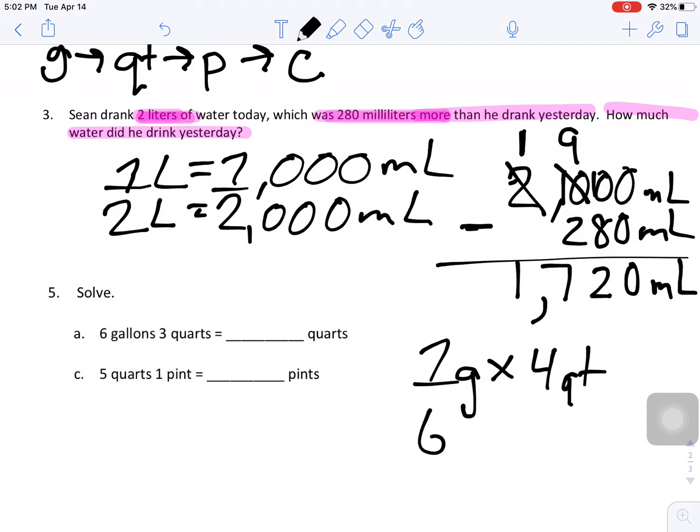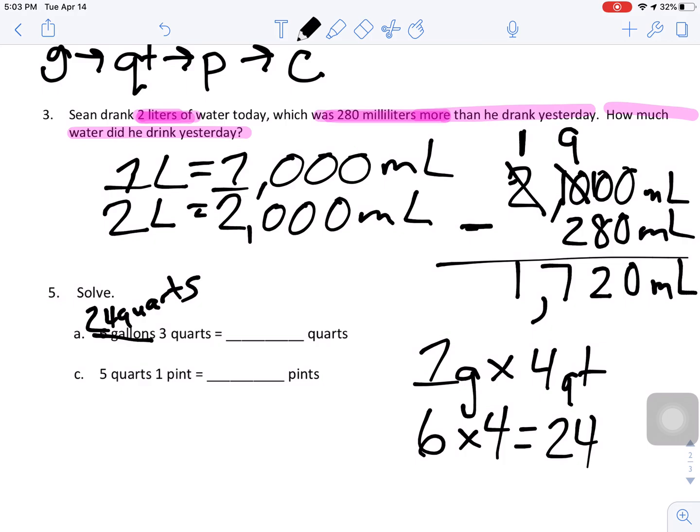So this is 6 gallons times 4 quarts, and I know 6 times 4 is 24. So this 6 gallons is actually 24 quarts. And I want to put it together with the 3 quarts, and that makes 27 quarts.